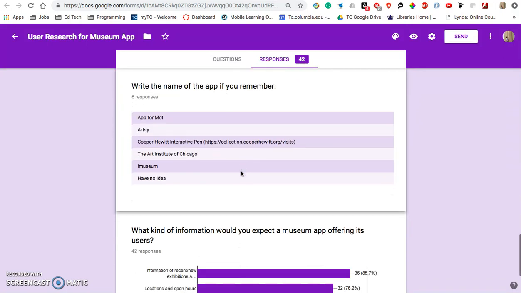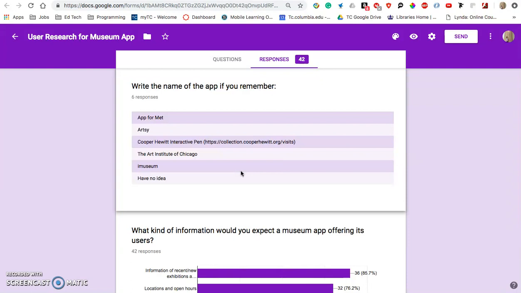The only open question that I included in this survey is to write the name of the museum app you used before. Some people use iMuseum and Artsy and an app for the Met, etc. The reason why I asked this question is because I want to know some museum apps that I can look at, so I know what kind of functions or information they include and that I can also include in my mobile app.